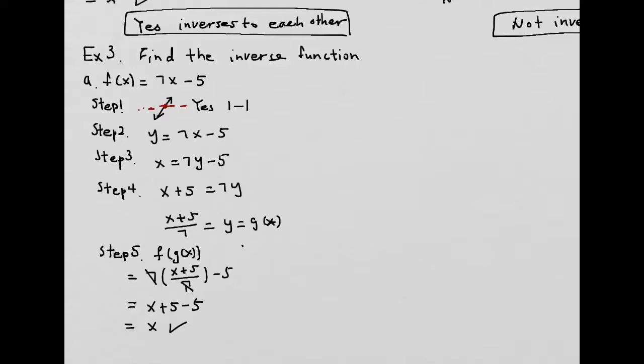Now we need to test the other way around. When you replace, you start with g of x, which is x plus 5 over 7, but all the x you're going to replace by f of x. Then negative 5, positive 5 cancel, 7x over 7 is going to be x.